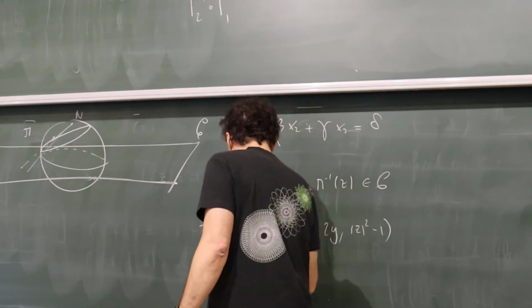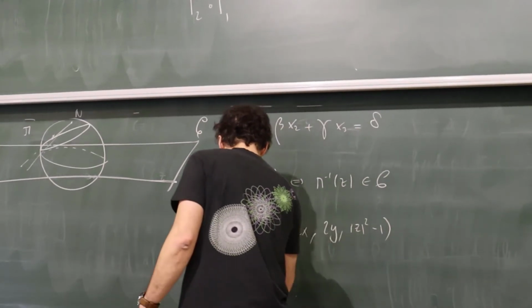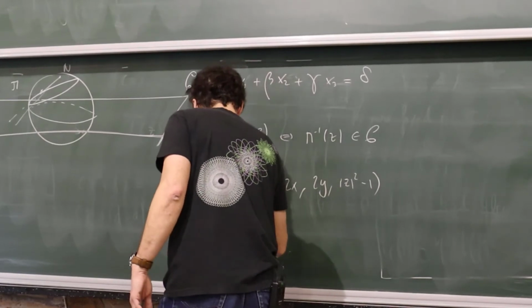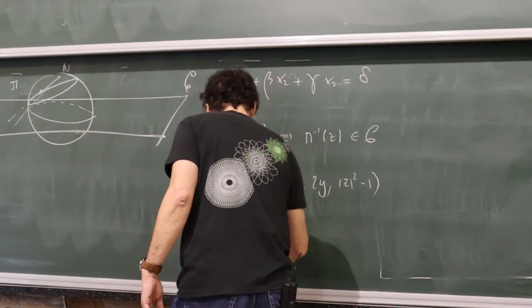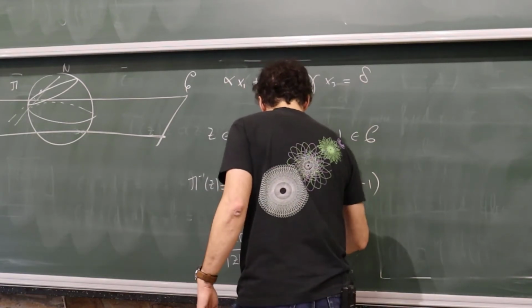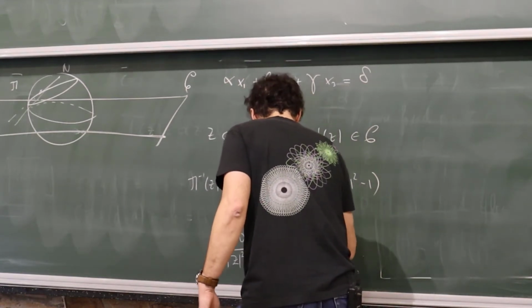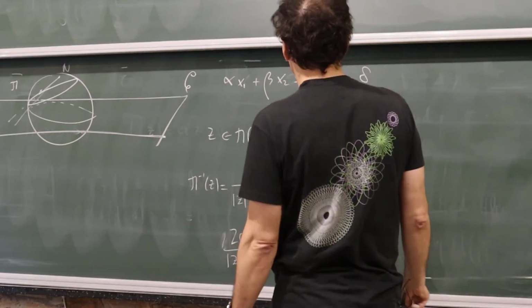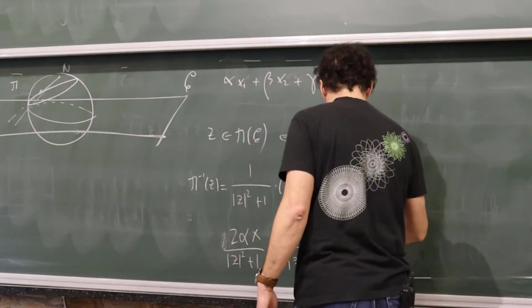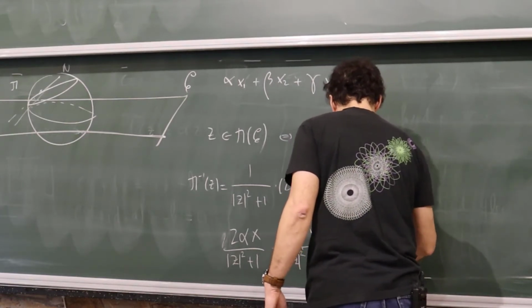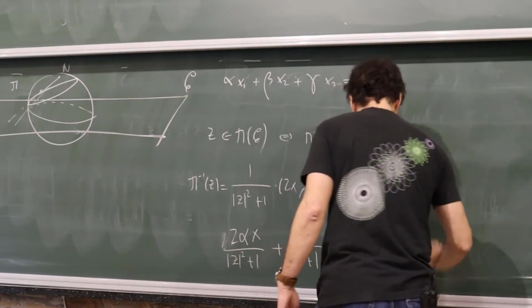So we need that alpha 2x plus 2 beta y plus gamma times modulo Z squared minus 1 over modulo Z squared plus 1 equals delta.